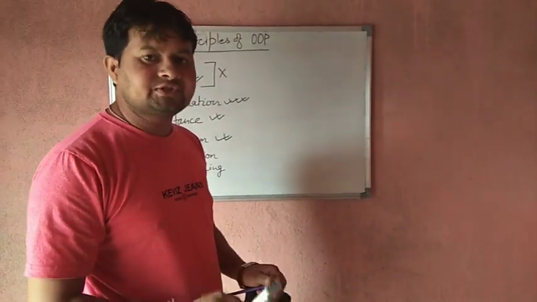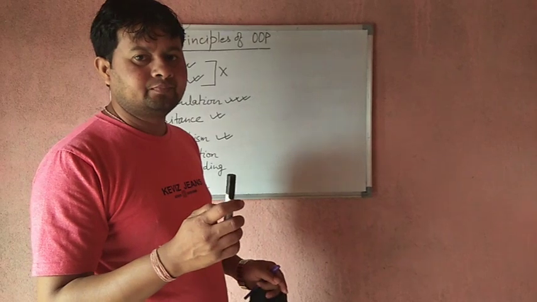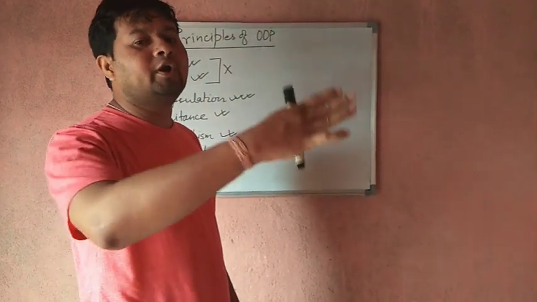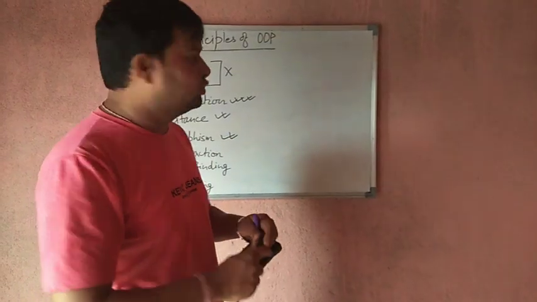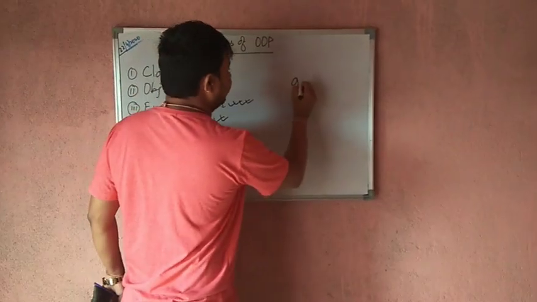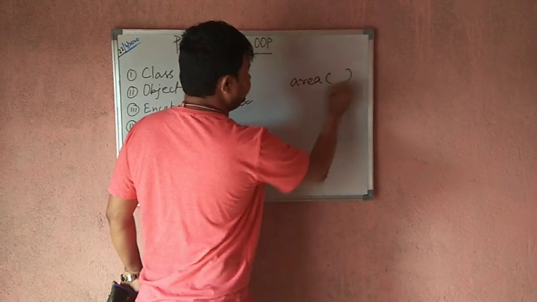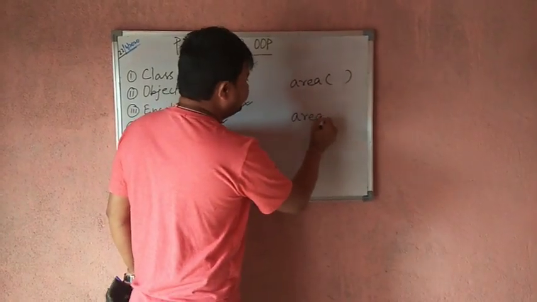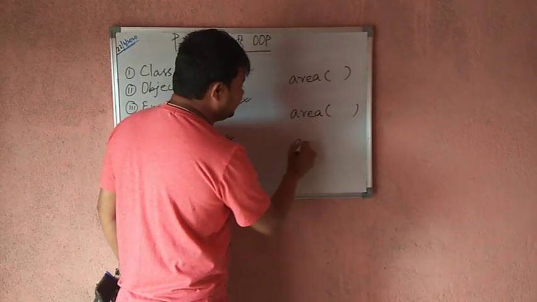Polymorphism is the process in which one function can be used for different purposes. Suppose I am making one function area, and another function area, and another function area.